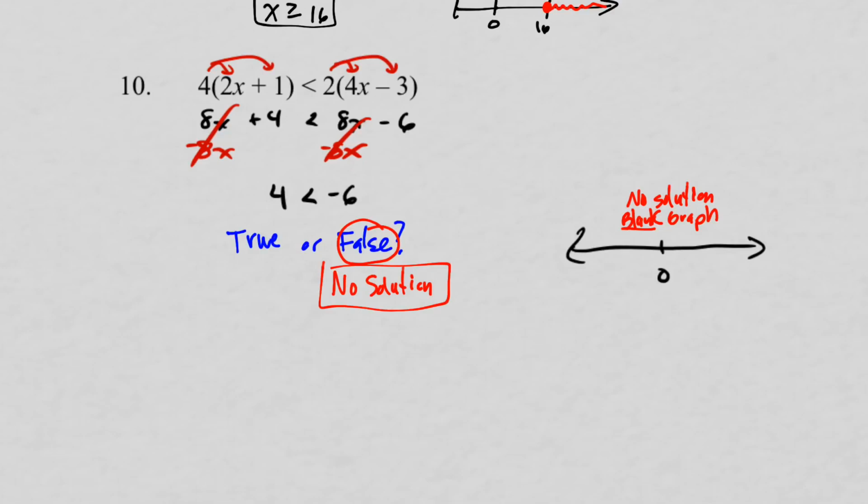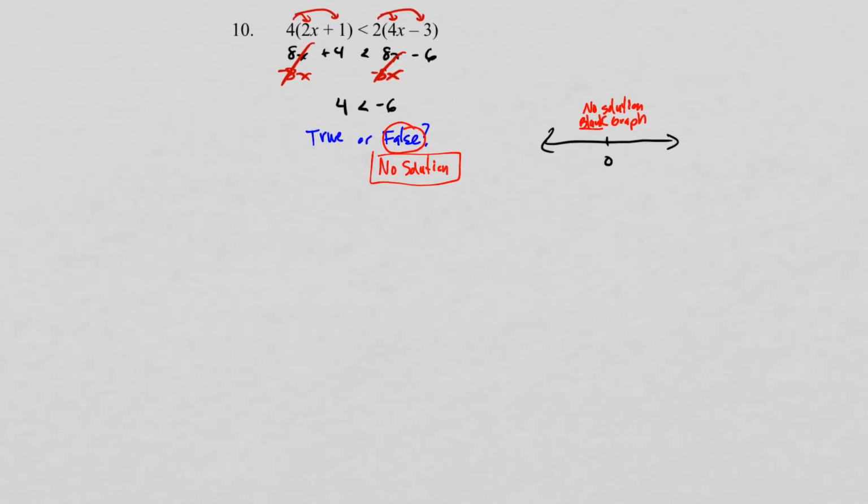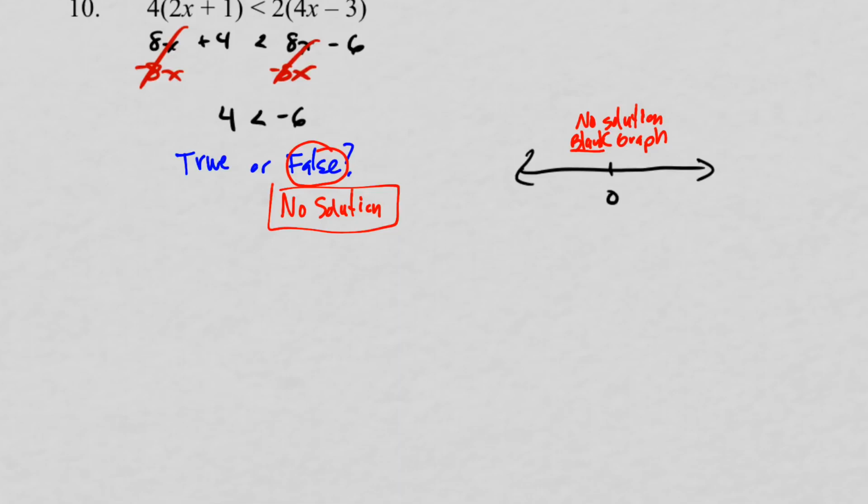Now, what if it was true? Well, if it would have been true, and we get all real numbers, you would shade the whole thing, basically, okay? So that's a new part here. So all real numbers, if it was true, how would you graph all real numbers?